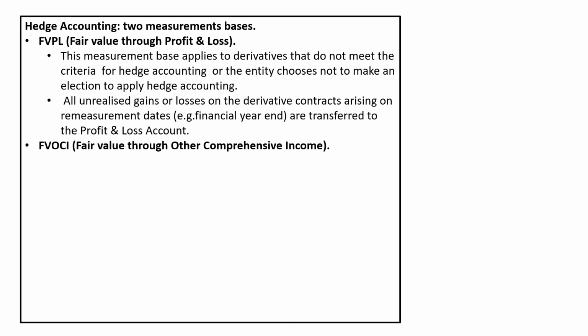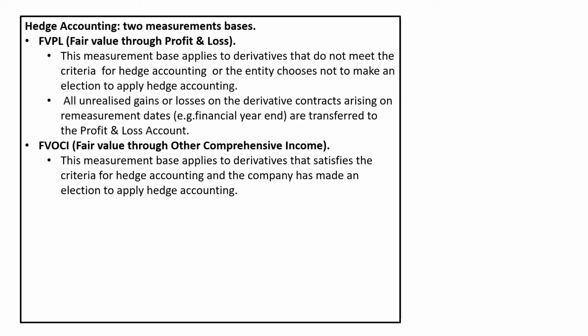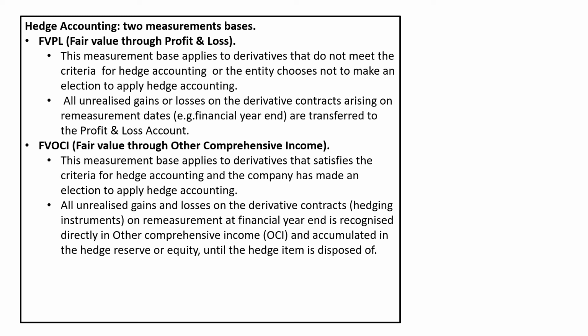The second measurement base is the fair value through other comprehensive income, FVOCI. This measurement base applies to derivatives that satisfy the criteria for hedge accounting and the company has made an election to apply hedge accounting.